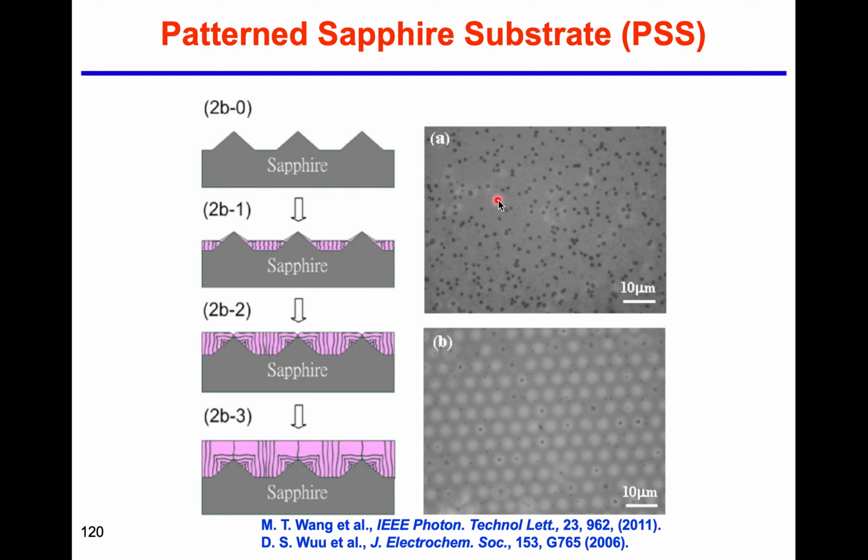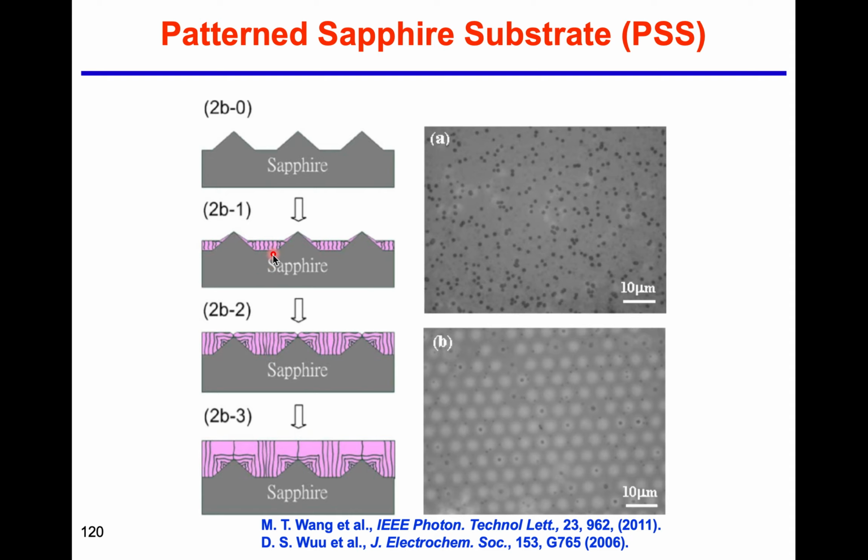We can also do this kind of thing on the substrate, so that we call the patterned sapphire substrate, or PSS. Okay. So that is normal practice right now. We pattern the sapphire and we grow the gallium nitride.